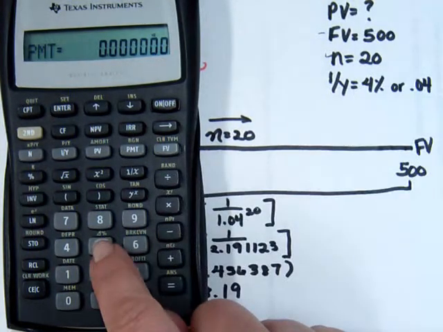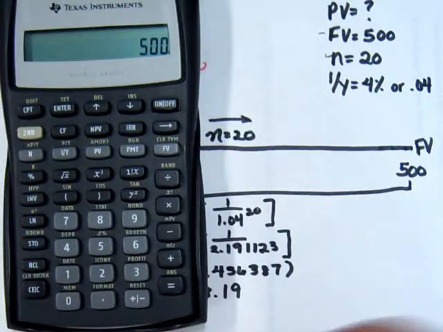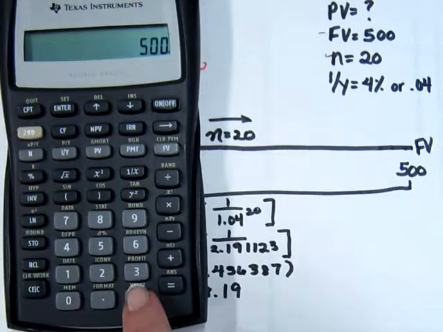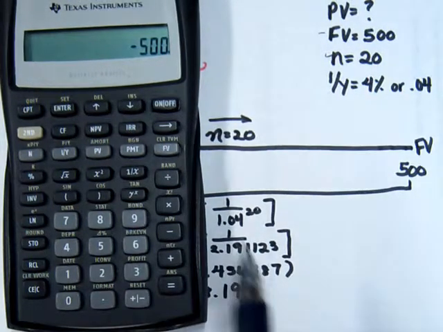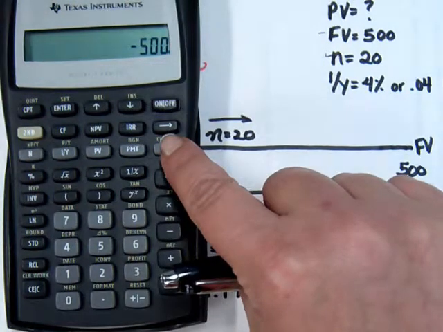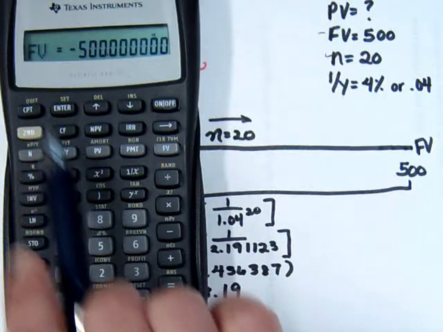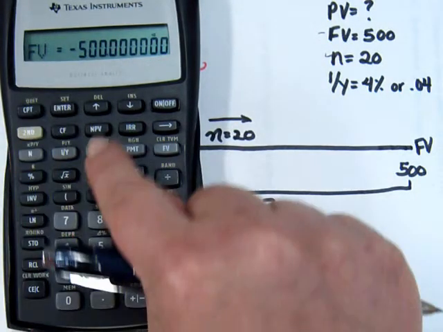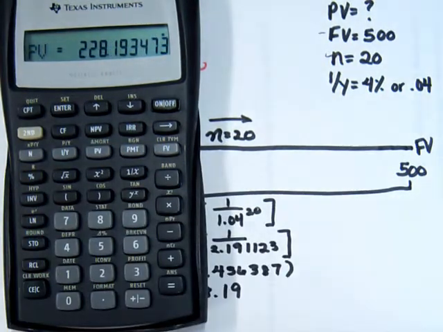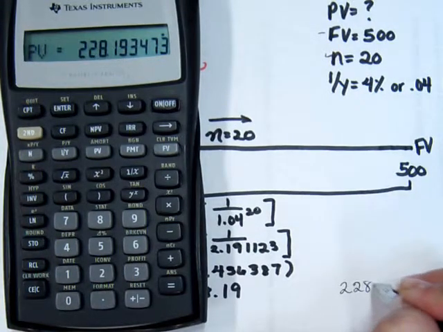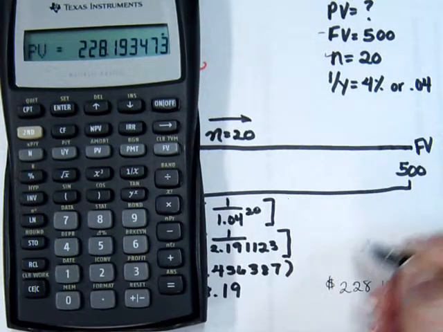So we enter 500, hit the plus minus key, enter that in as FV, the future value. Then hit compute and present value. Compute, present value. You should come up with the number $228.19. I don't know if you can see that on the video or not.